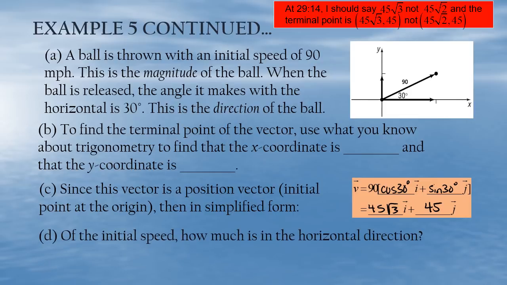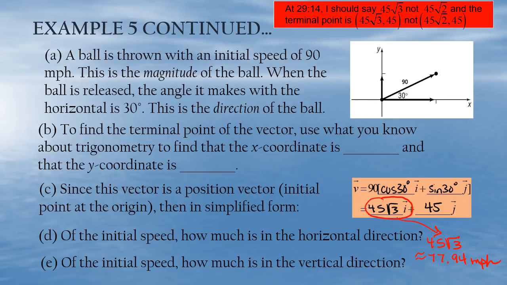Now, of the initial speed, how much of that speed was in the horizontal direction? Well, the nice thing about writing things in component form is that the i and the j give you those answers. The horizontal direction is going to be 45 root 3. And if I put that into my calculator, I get approximately 77.94 miles per hour.